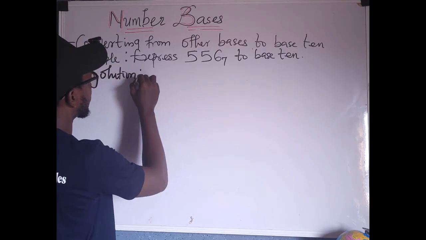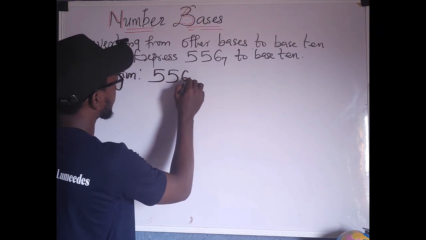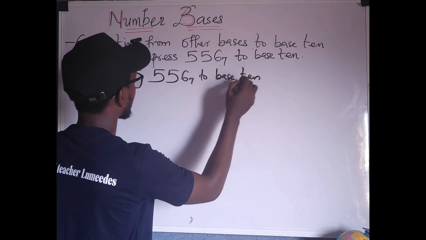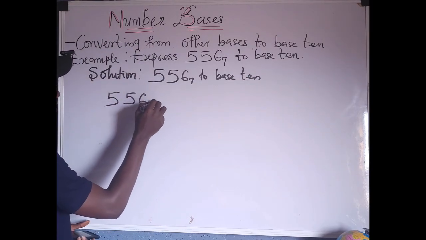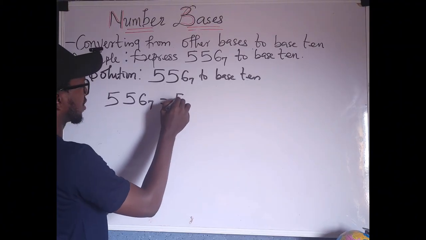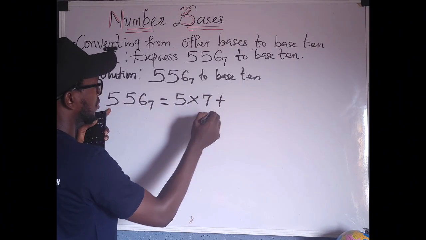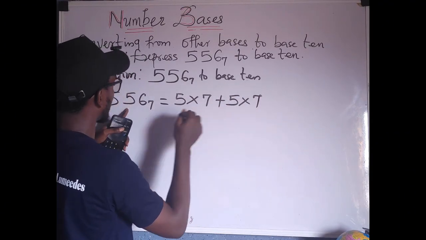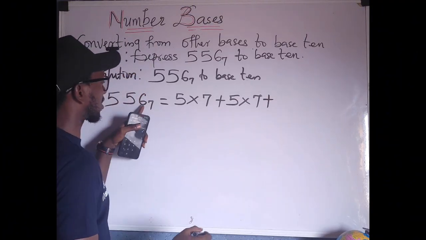So that means I'm going to write 5. So that's your 5. Now this 5 times 7, plus the second number, 5 times 7, is going to be each of these numbers multiplying the base and added together.